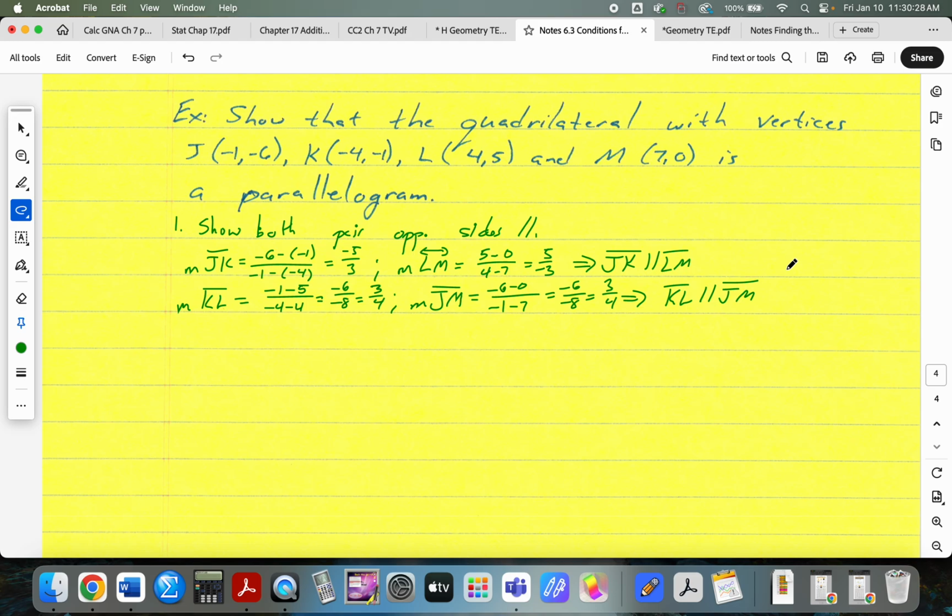Okay? Another way that you can do this is to show that the diagonals bisect each other. To show that the diagonals bisect each other, what we need to do is show that they have the same midpoint.